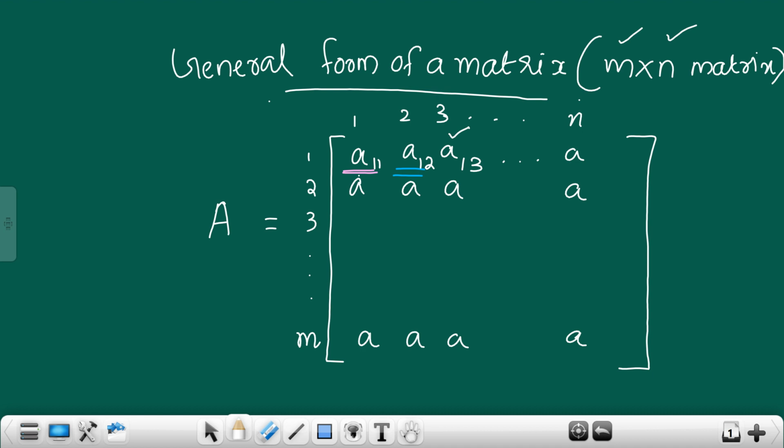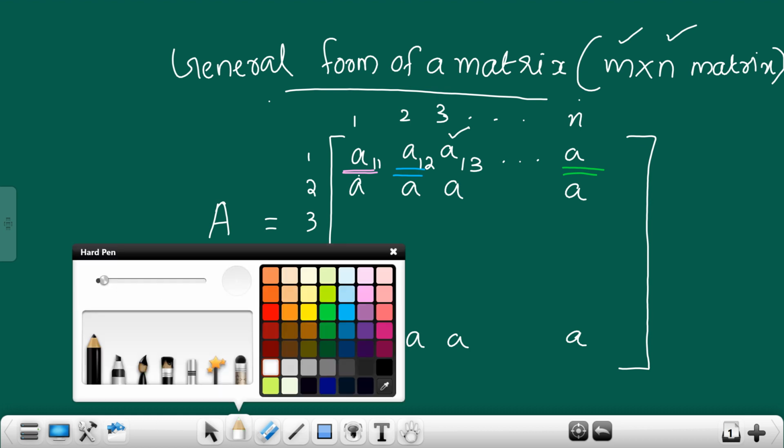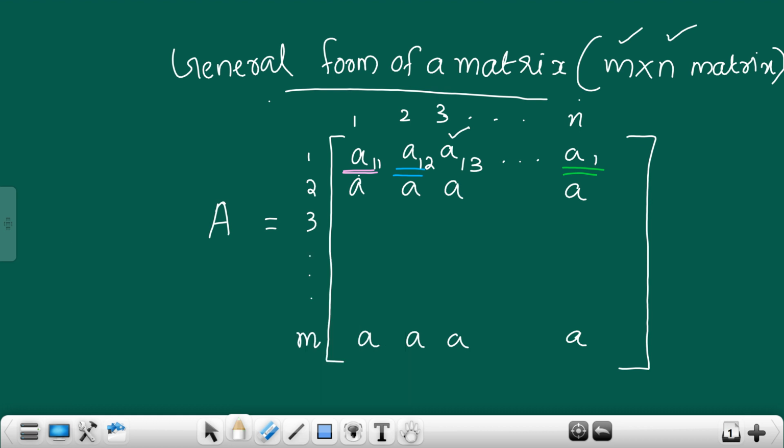Continuing, we can write this element as a, first row and the nth column. So a1n. Similarly, we can write this as a21, a22, a23, etc. up to a2n. Here we write a31, a32, a33, etc. a3n.